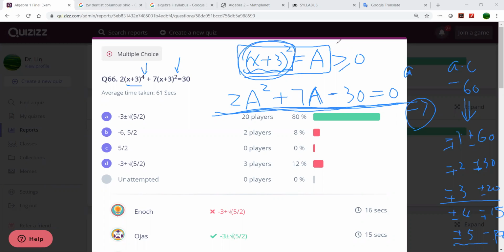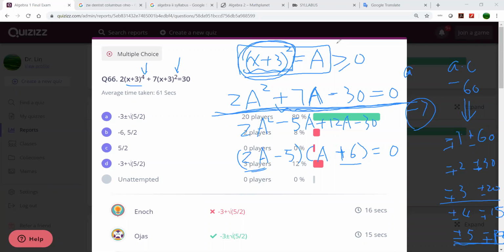So you should have -5 and +12, right? So you've got it. This one can be broken down into 5A plus 12A, right? So this 7A can be broken down here. So your 2A minus 5A, and here should be positive, right?